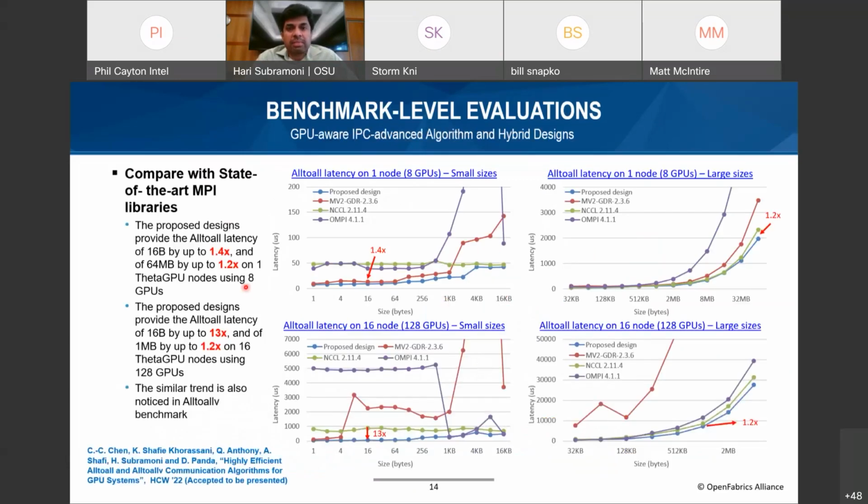So this is the micro benchmark level evaluation for the GPU-aware IPC-based advanced algorithms. Here we compare 4 different GPU-based communication libraries: MVAPICH2-GDR 2.3.6, NCCL 2.11.4, and OpenMPI plus UCX, with the proposed design.